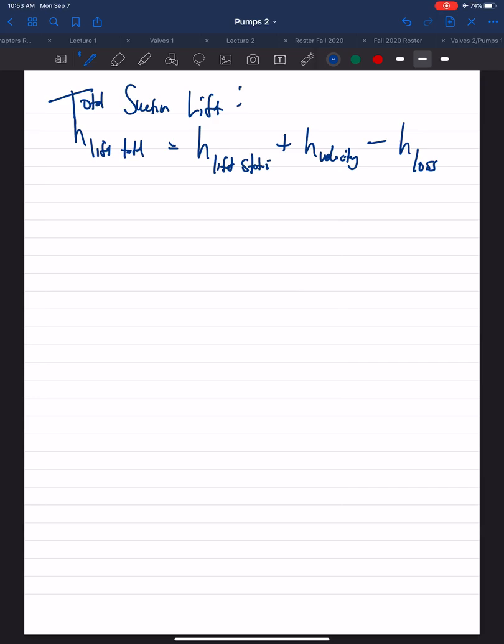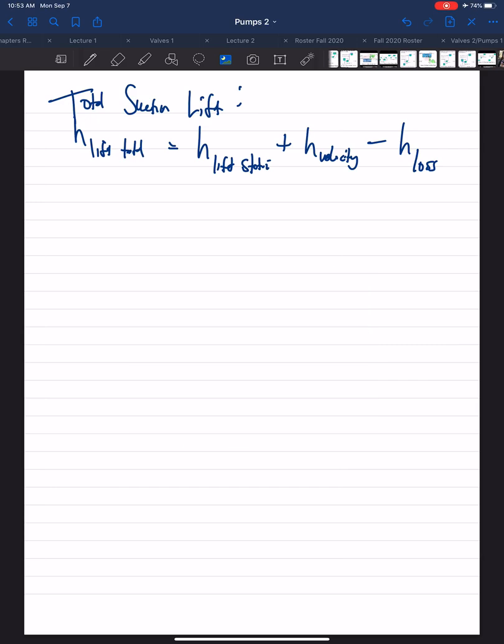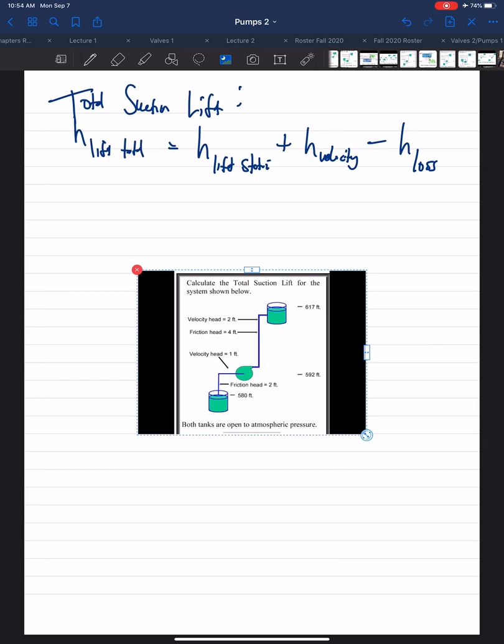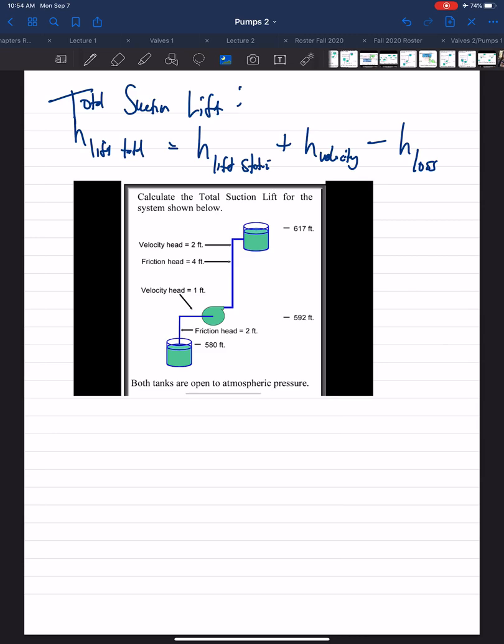Let's do an example. So here we're going to calculate the total suction lift for the system below.